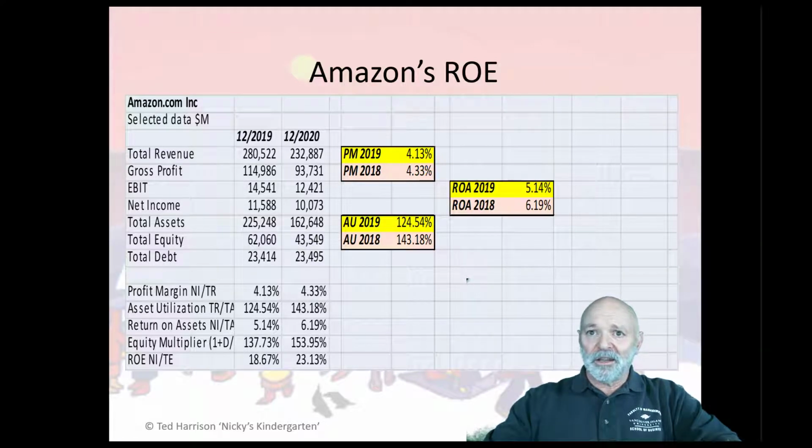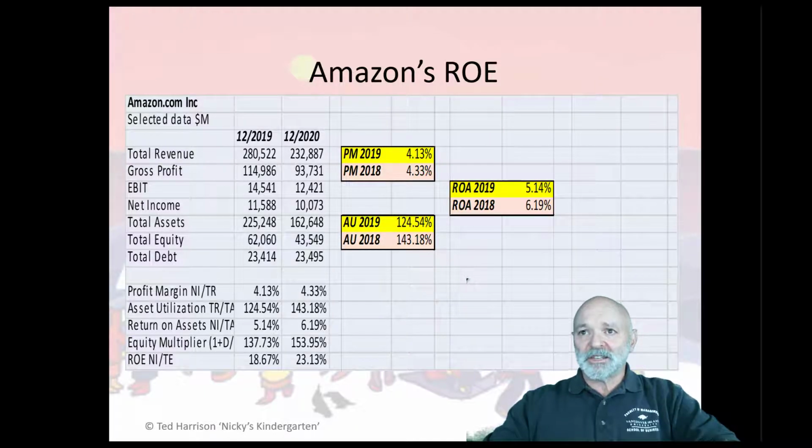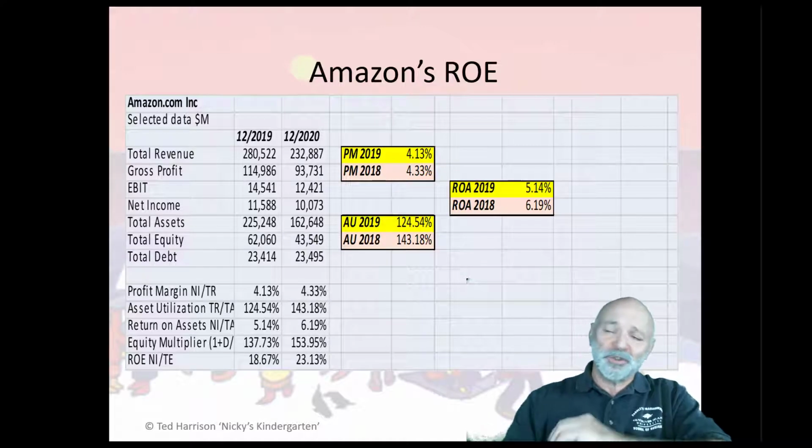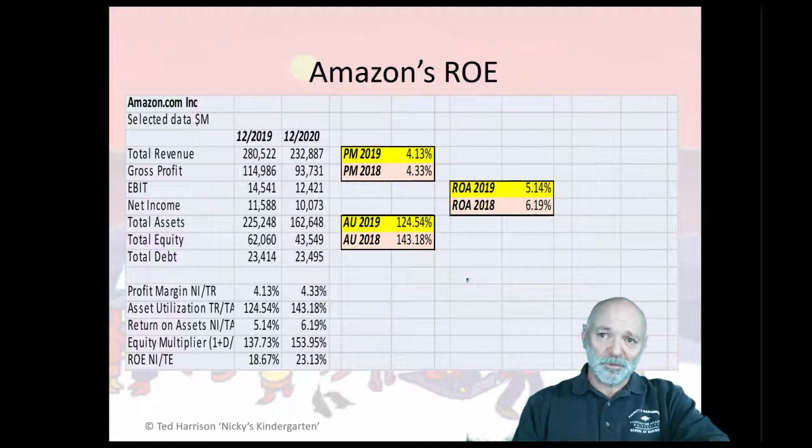We have the net income divided by the total revenue provides us with the profit margin. Our profit margin is 4.13%. And we've provided that number in the first box. And we see the asset utilization, which is the total revenue divided by the total assets. And that is 125%. So 4% times 1.25, or 125%, means the rate of return on assets for the company was 5.14%.